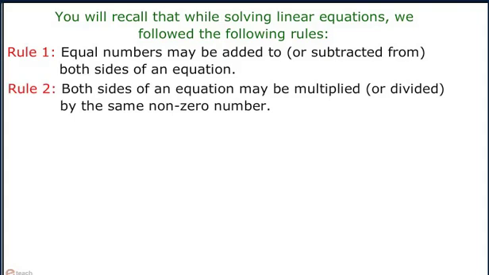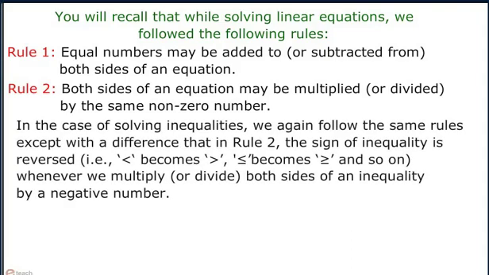Both sides of an equation may be multiplied or divided by the same non-zero number. In the case of solving inequalities, we again follow the same rules, except with a difference that in Rule 2, the sign of inequality is reversed. That is, less than becomes greater than, less than or equal to becomes greater than or equal to, and so on.